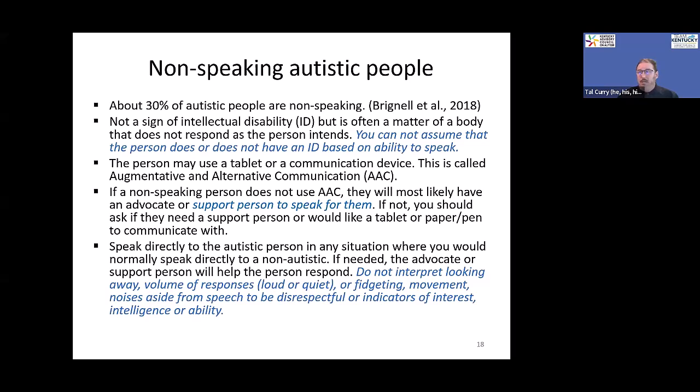Where you would normally speak directly to a non-autistic, you should also do that with a non-speaking autistic. If needed, an advocate or support person will help the person respond. Try not to interpret looking away, volume of responses, either loud or quiet, fidgeting, movement, or noises aside from speech to be disrespectful, or indicators of interest, intelligence, or ability.